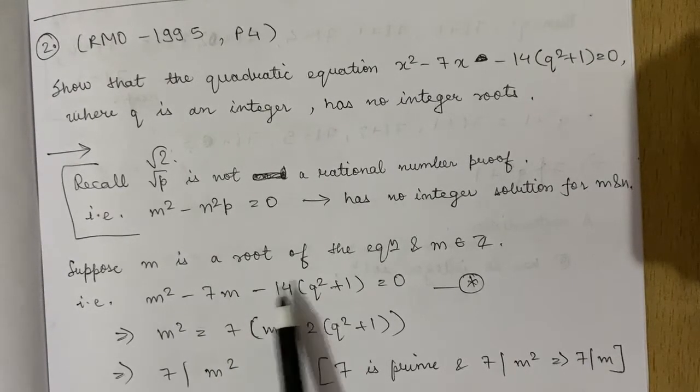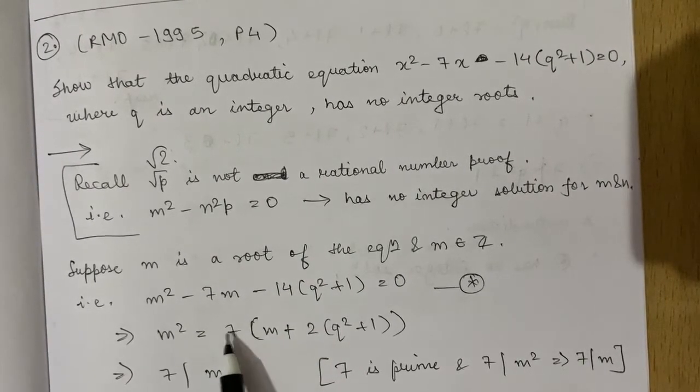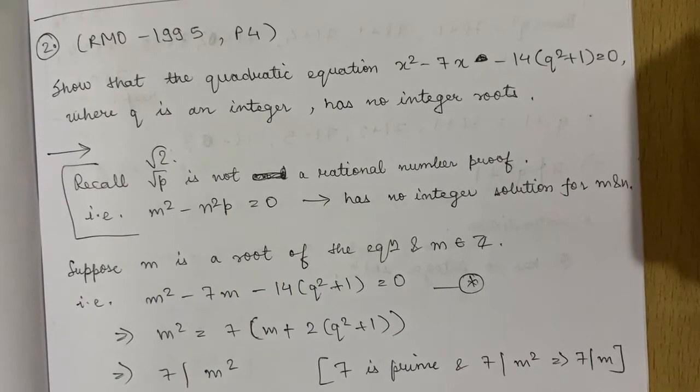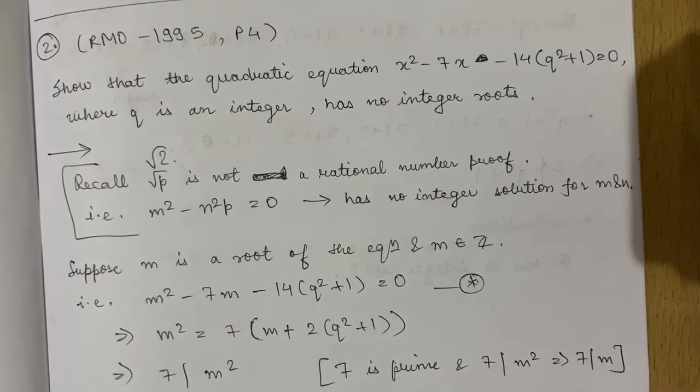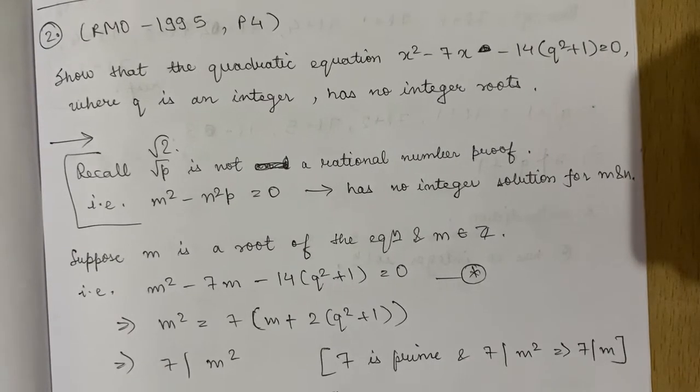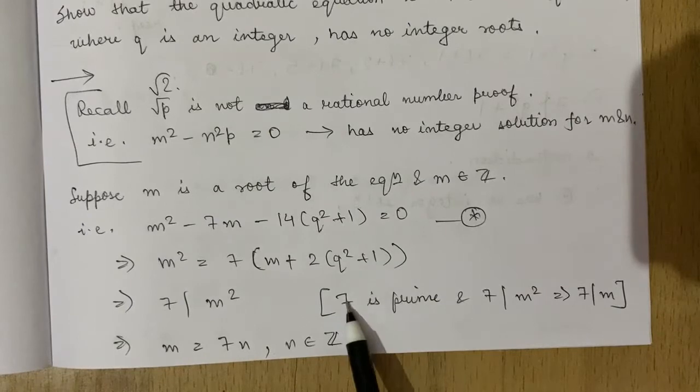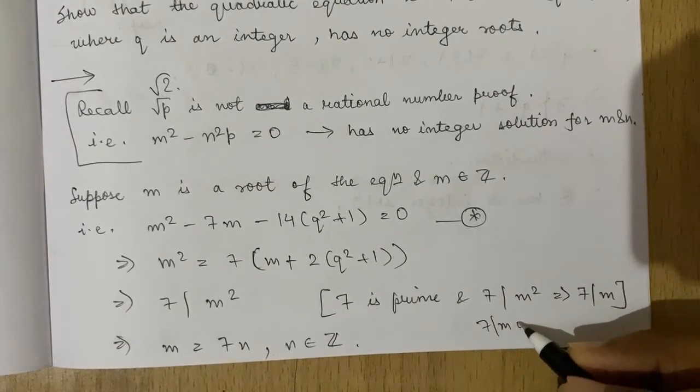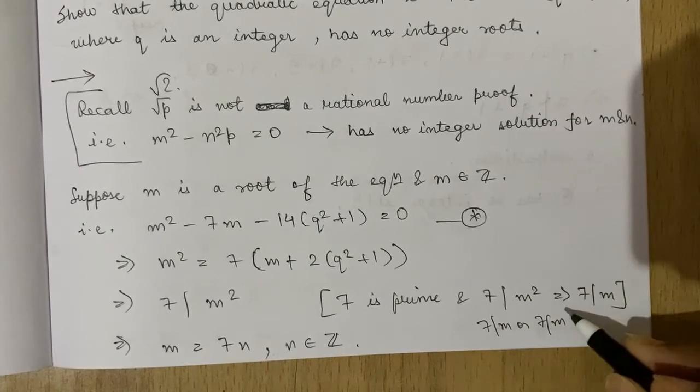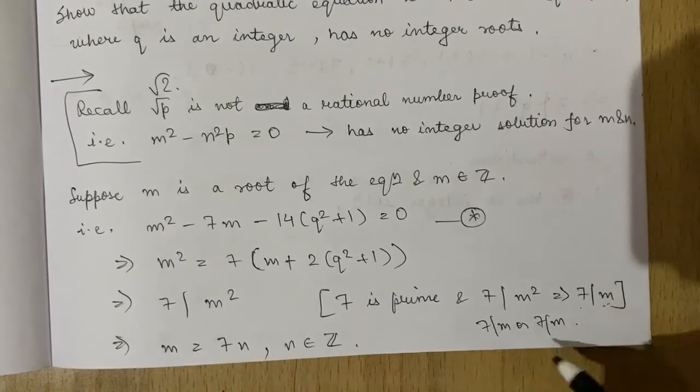So 7 divides m square, and 7 is prime, and we read that if a prime number divides the product of two numbers, it must divide either of the two numbers. So if a prime number divides a square, it must divide the number itself. So 7 divides m square, which means 7 divides m or 7 divides m, which basically implies that 7 divides m.